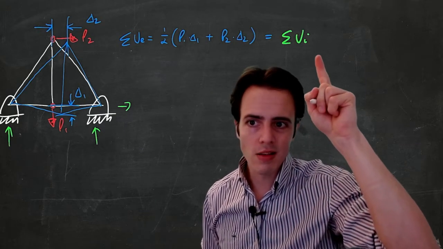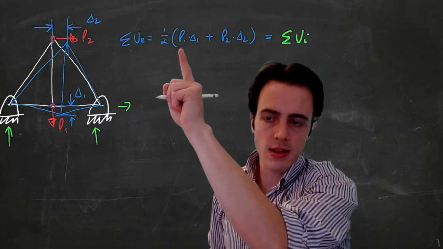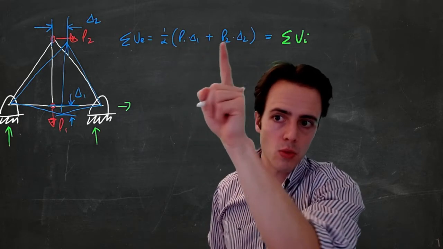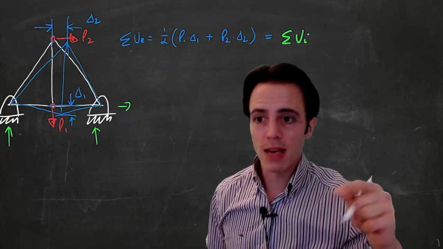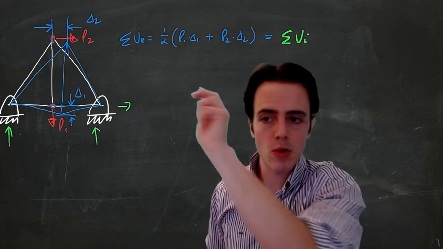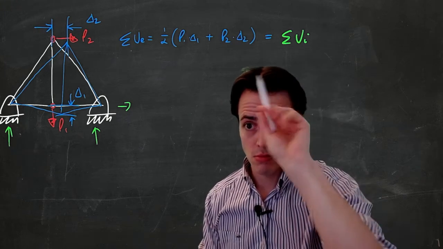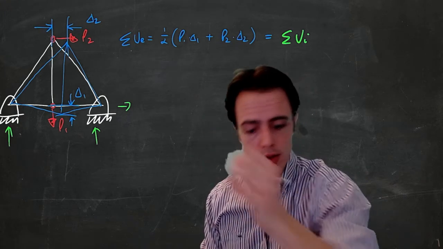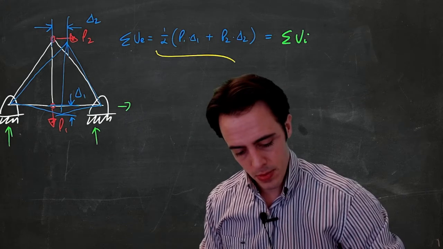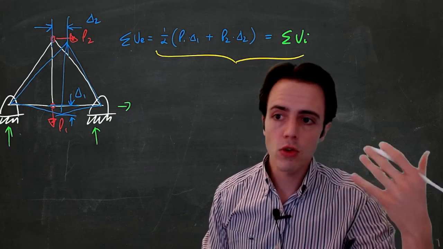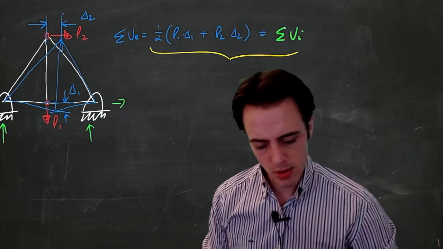So we could work this number out, and we could then say it's equal to the sum of the external work done. Problem again, we can't determine this because we've got two unknowns and one equation. So this is known, P1 and P2 would be known, but the two deltas wouldn't be known. So in cases where we have two external deflections, we have too many unknowns and not enough equations.